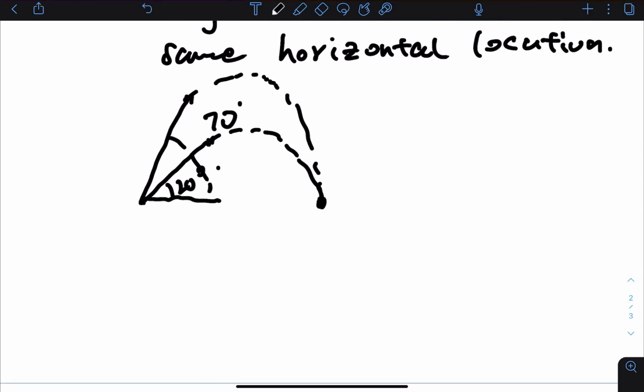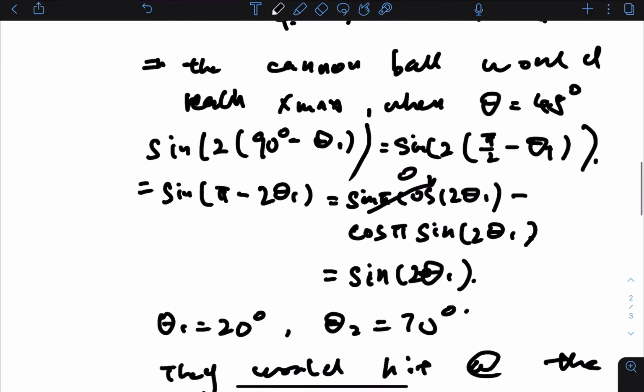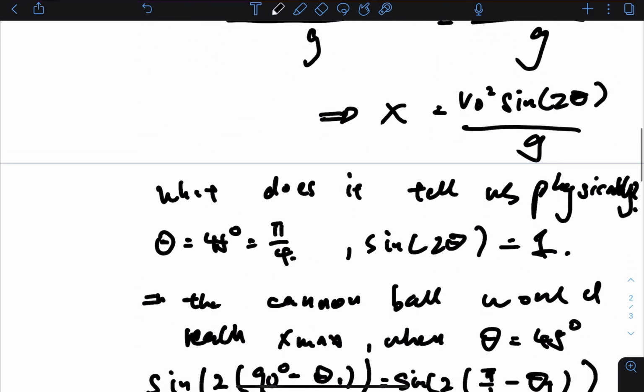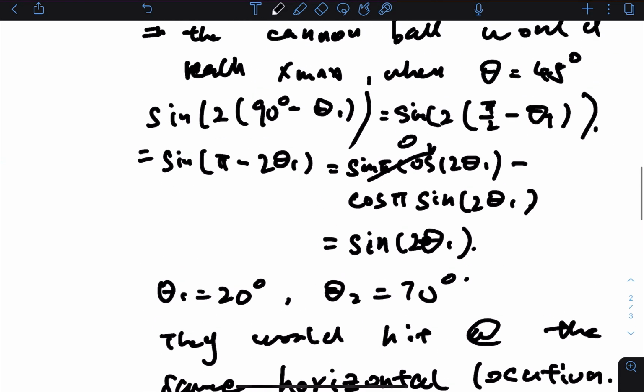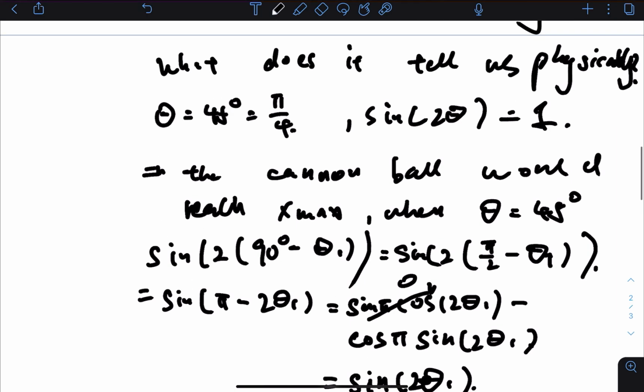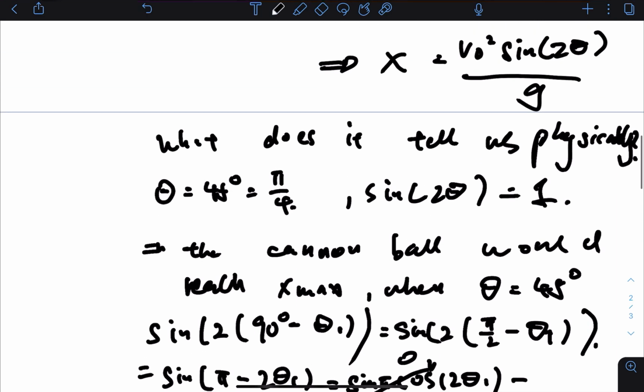So we derived this expression for how far the cannonball would travel with an initial velocity v0 at an angle theta with respect to the horizontal axis, and we derived two things from its interpretation.